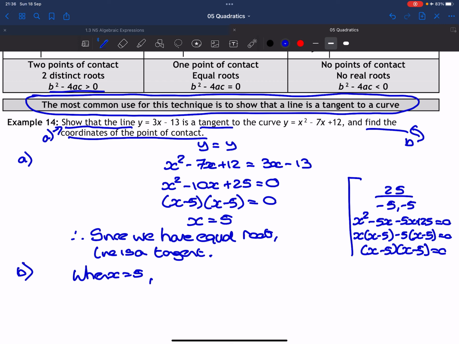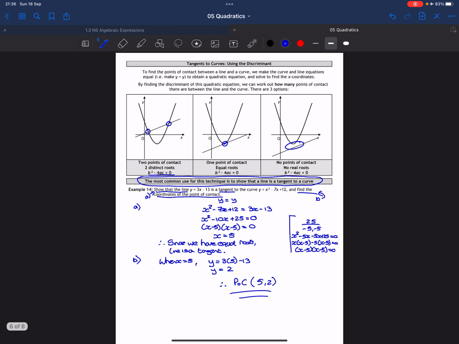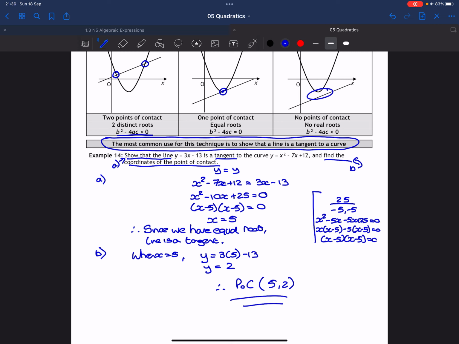I get y equals 3 times 5, take away 13, so y is equal to 2. Therefore, the point of contact is 5, 2. This is a very, very common question, to prove tangency and then find the point of contact, so please make sure you're super familiar with doing this.